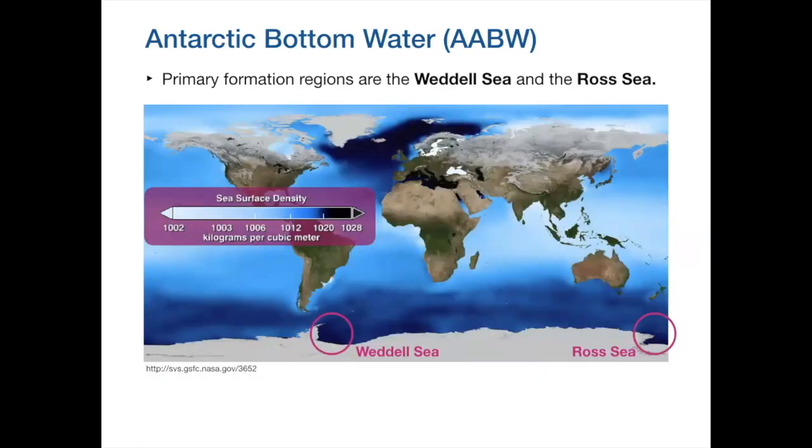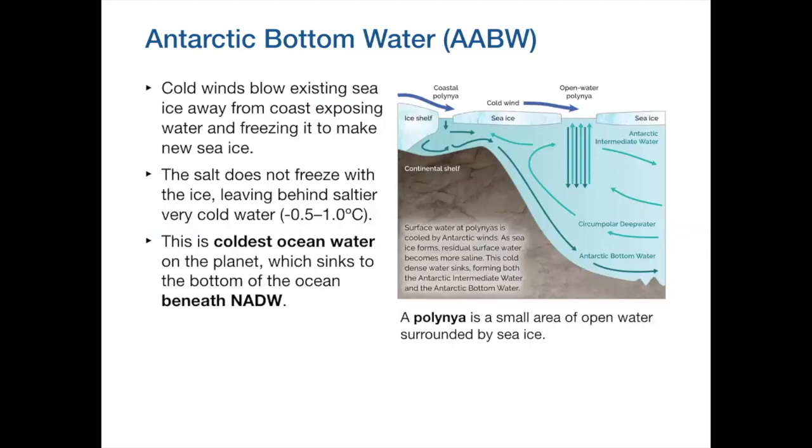Antarctic bottom water is primarily formed in the Weddell Sea and Ross Sea. So a similar mechanism. Again, sea ice formation drives the salt out, so you get more salty water. What happens in the Antarctic that doesn't happen in the North Atlantic is there's a continental shelf there. So a lot of the dense salty water falls to the continental shelf, and not all the way down to the bottom of the deep ocean.